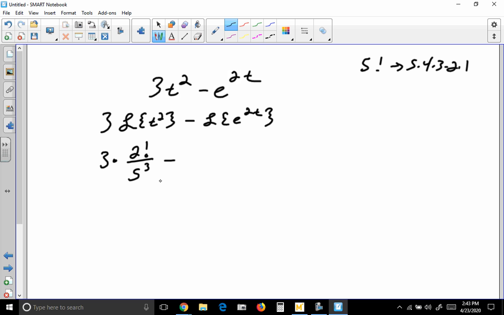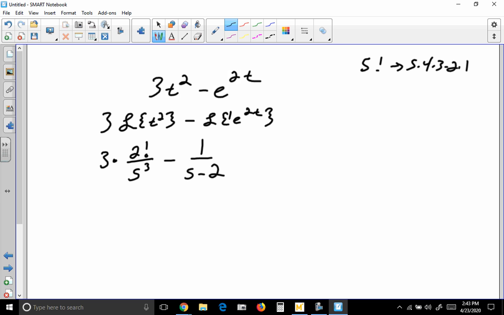And then if we transform e to the 2t, I'm not going to keep going back and forth every single time. But if you have that list, then the transform of e to a power is 1 over s minus that power. So our a is 2, so s minus 2. Remember that essentially is a translation.